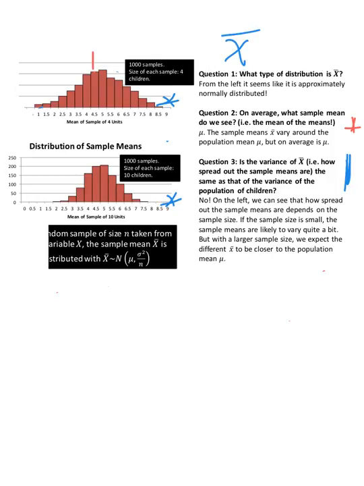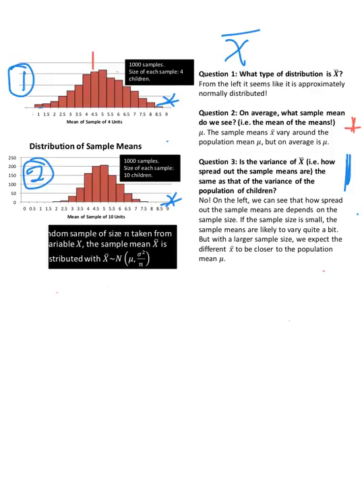So if the sample size is small, the sample means are likely to vary quite a bit, as we can see in this example, graph 1 at the top. But with a larger sample size, as in this graph here, the second one, where our sample size was 10, we expect the sample means to be closer to the population mean, and the variance, which is the spread of the data, is smaller. The data is all closer to the mean.